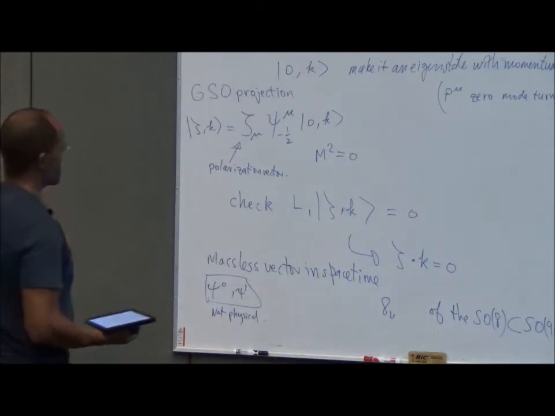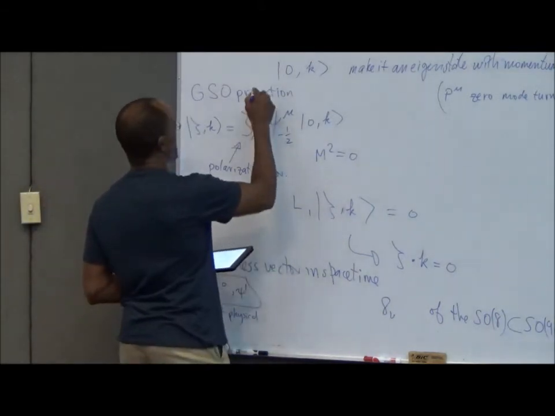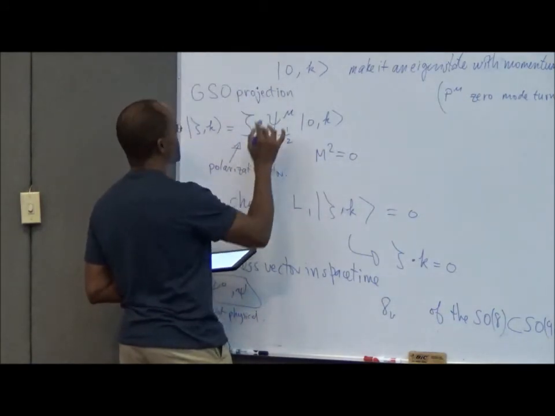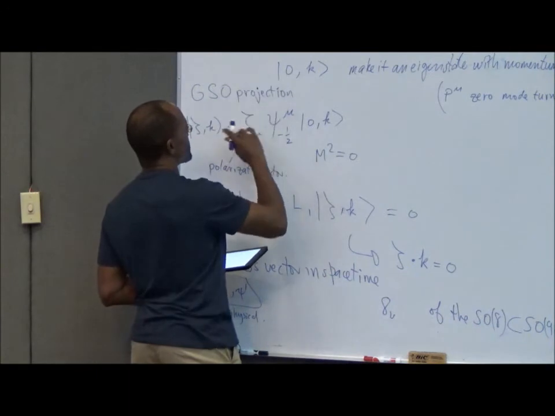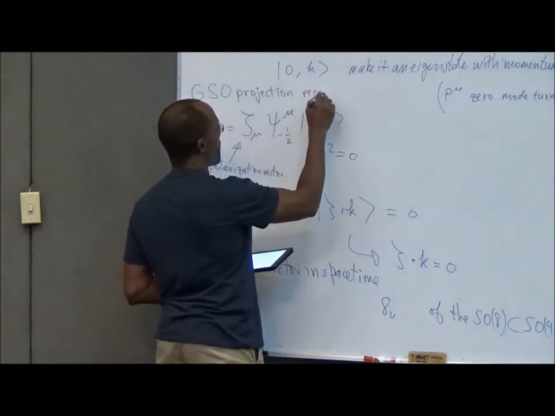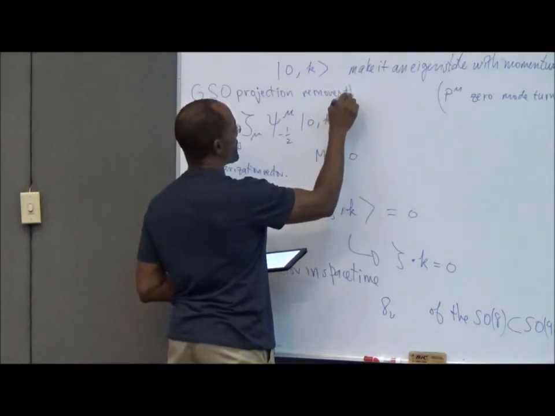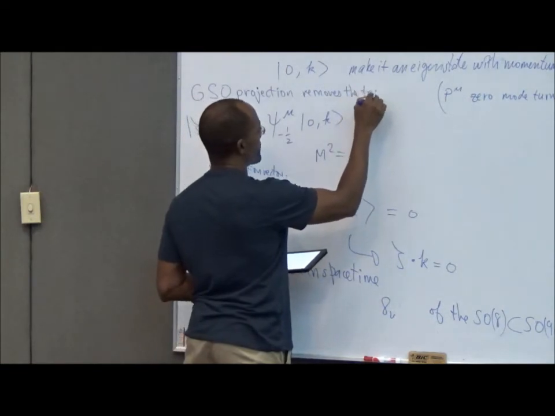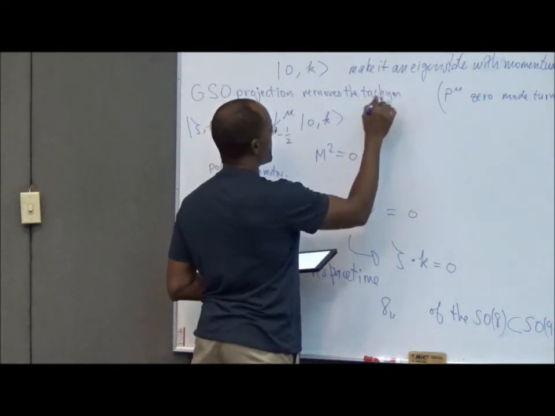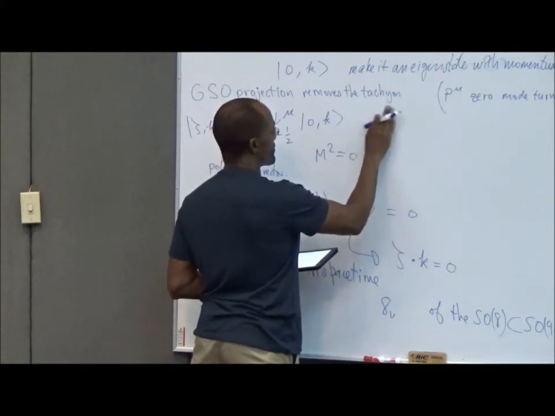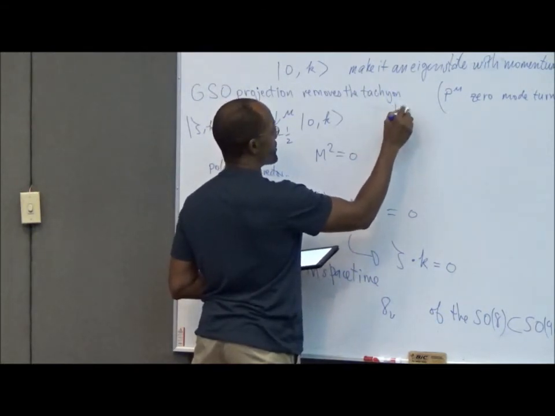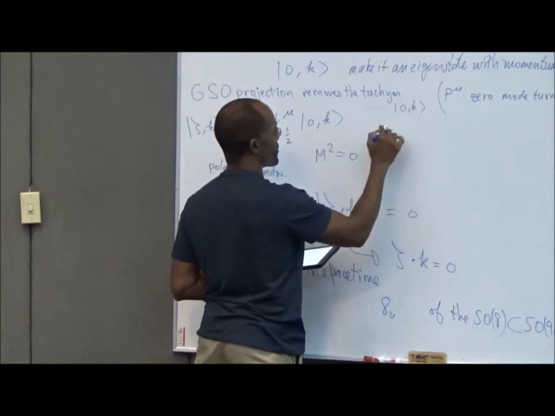If I have world sheet supersymmetry, that is not a guarantee to have space-time supersymmetry. So I need to actually ensure that. So the GSO projection, I should have made explicit here, removes the tachyon. Right, the tachyon, if you recall, I would have made by just looking at this vacuum and asking what its mass squared is.